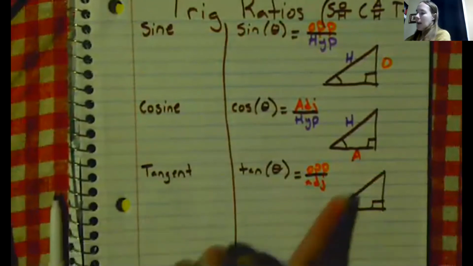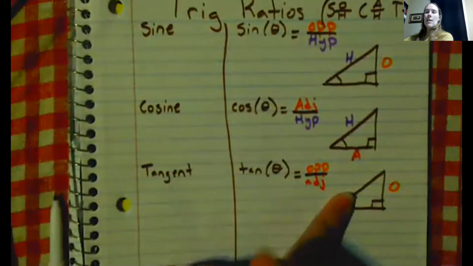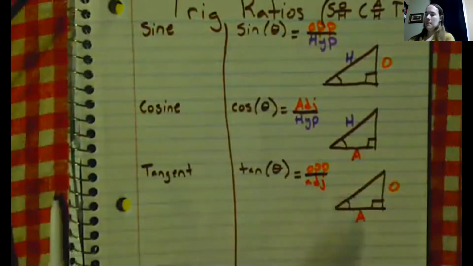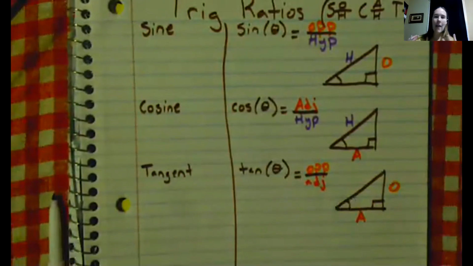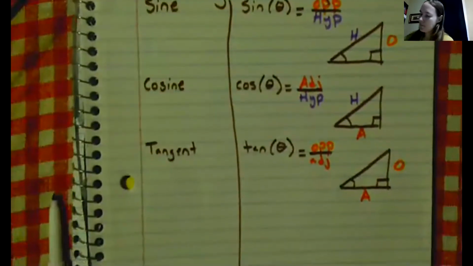My opposite, I cover this up, it's what it does not hit. My adjacent, it's what it hits that is not my hypotenuse. So those are the three different ratios that we've already discovered and we played around with yesterday. Yesterday, we were working with using the trig table and trying to figure this out. There's an easier way. So let's figure out what that easier way is.